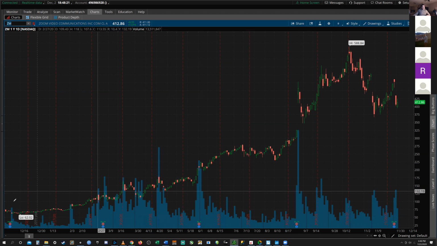This stock just went up and down a couple bucks, maybe about $10, which is not bad. But I'm seeing this because I know what these blue bars are. This means volume. There was a lot of volume on this day, and it drove the price up about $10. So I'm going to use that. Now, where am I going to connect? It's up to you on where you want to put it.